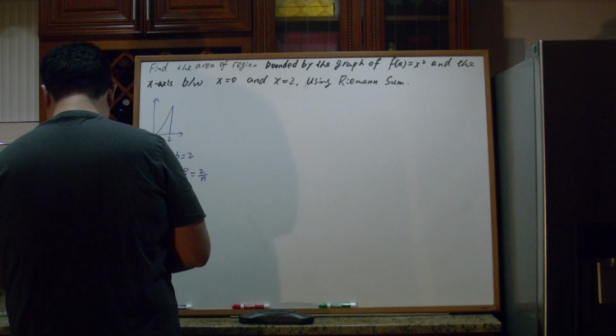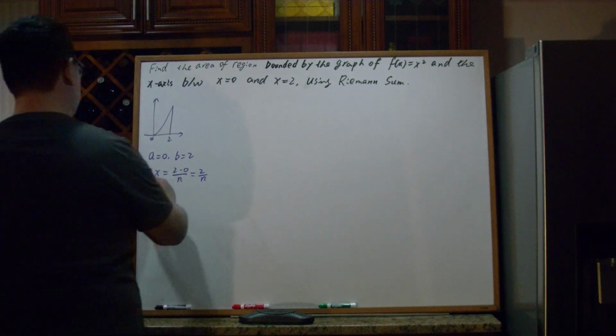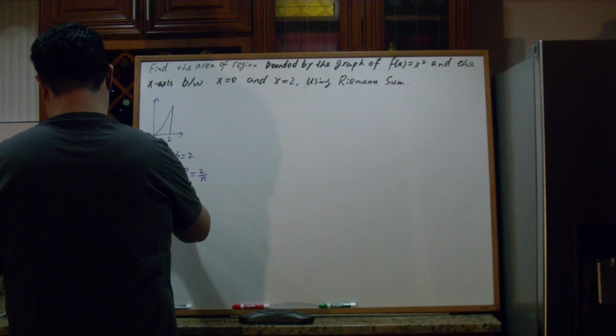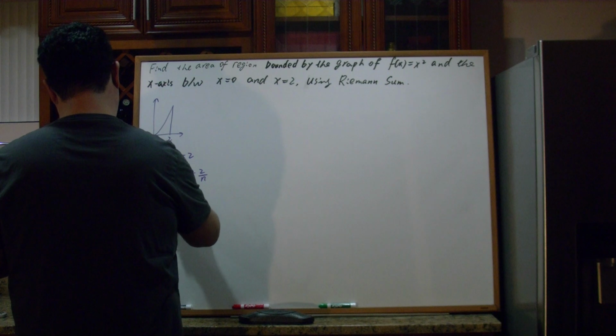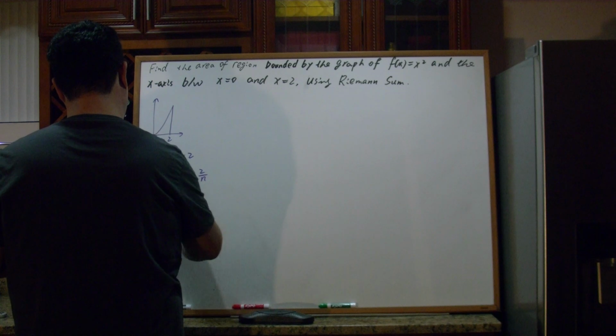Right, that's the first thing to find. And we're cutting n times, right? For these n subintervals, xi will be a plus delta x times i. That is 0 plus 2 over n times i.